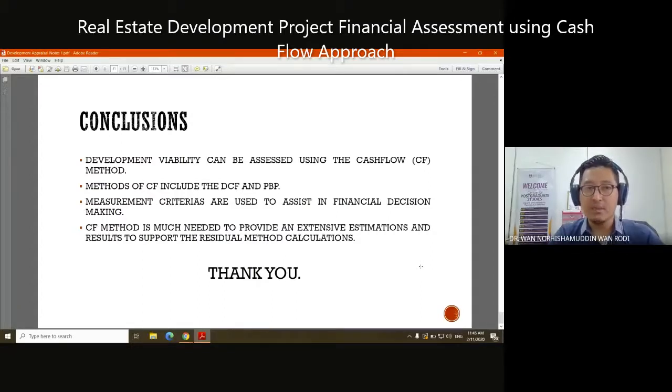capability. Okay, the second one, to recap, we need to use two approaches of cash flow, such as the discounted cash flow approach, net present value, and period by period, payback period.